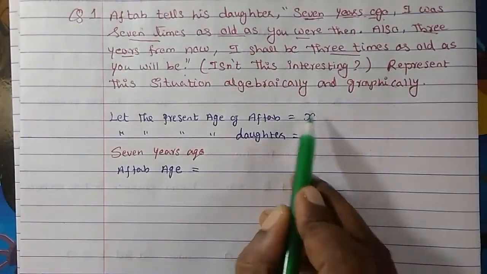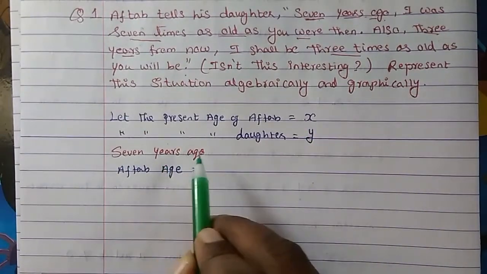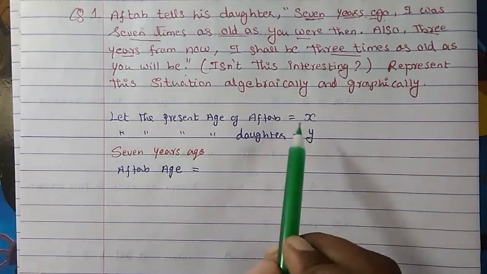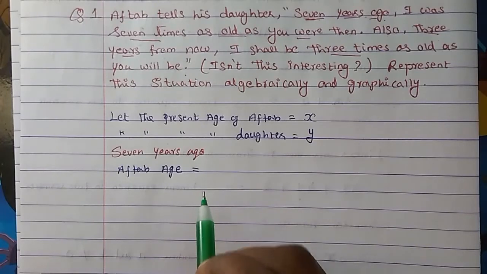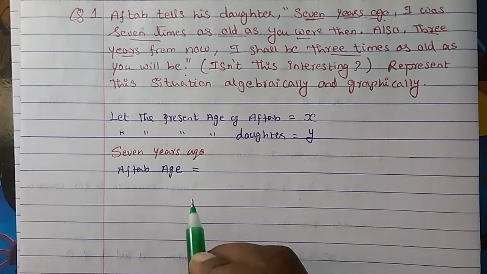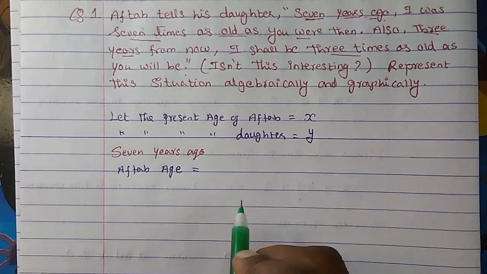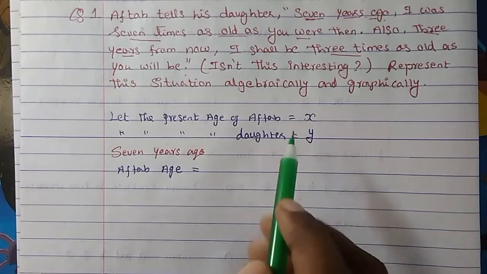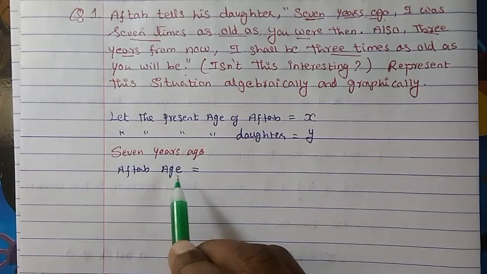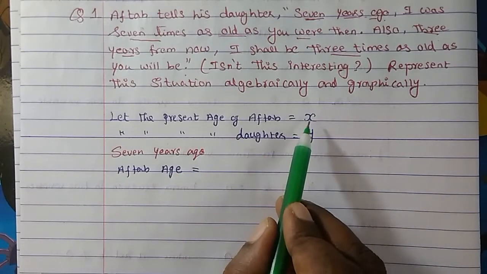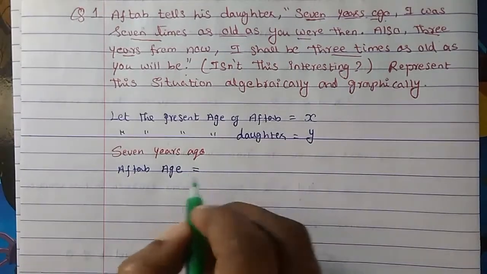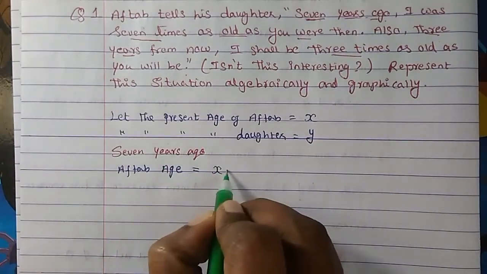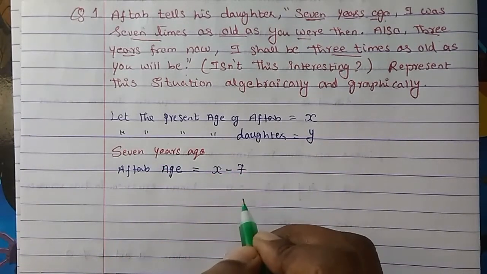Present age is X. Then 7 years ago, what will be the age? Now if your present age is 15, then 7 years ago means you will minus 7 from 15. Same way, present age of Aftab is X. Then 7 years ago means from X we have to minus 7. So Aftab's age 7 years ago is X minus 7.